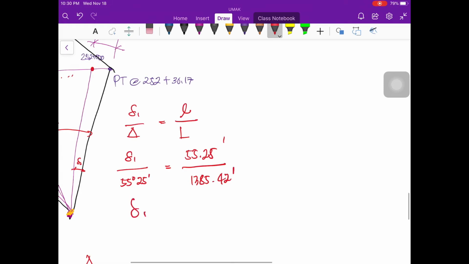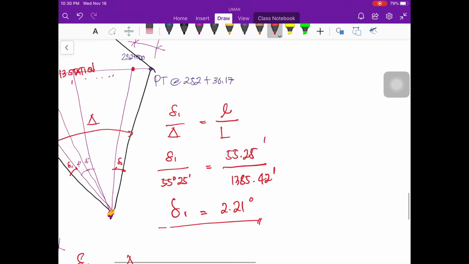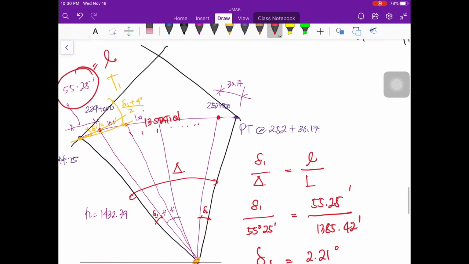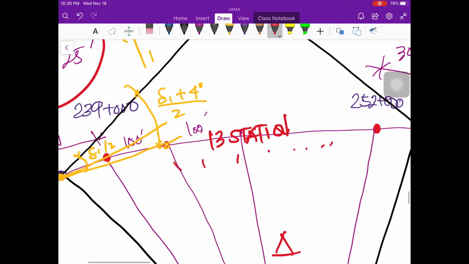By ratio and proportion, what is the value of our gamma 1? The value of our gamma 1 is 2.21 degrees. So if this is 2.21 degrees, what is this one?